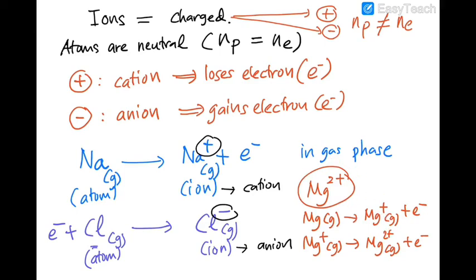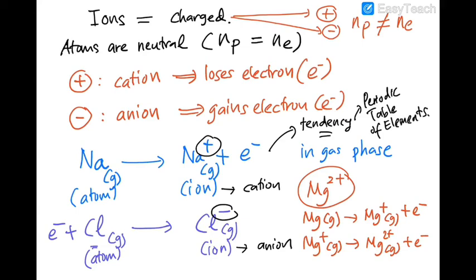Now, for this tendency, we will discuss in a different segment. We will see all the tendencies based on the periodic table of elements, so we will take a look at the tendencies of different atoms to become either cations or anions.